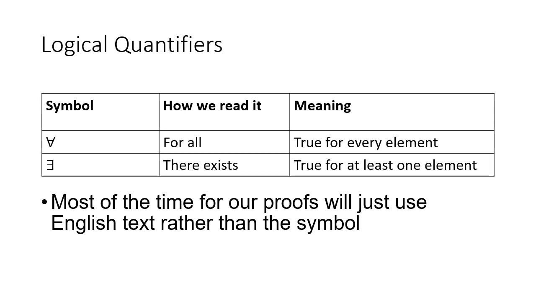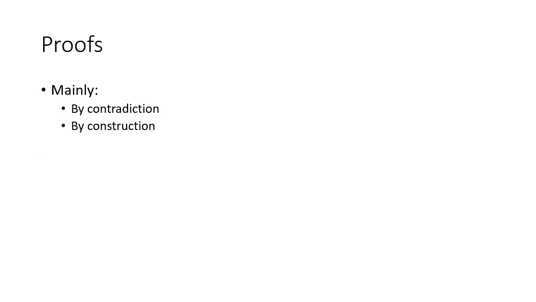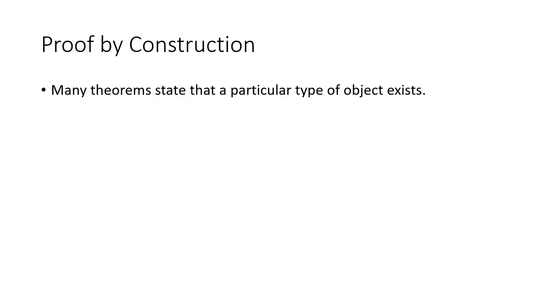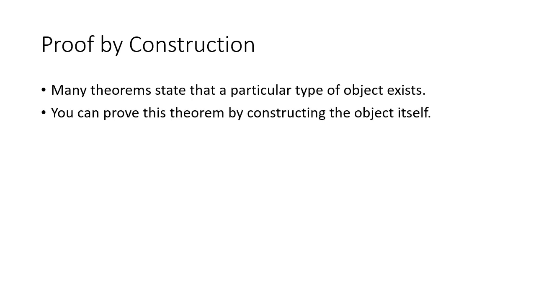And so now with all these notations and symbols in place, we can start talking about proofs. For this course, it's mainly going to be proofs by contradiction and by construction. A proof by construction is used when theorems state that a particular type of object exists, and you can prove the theorem by constructing the object itself.